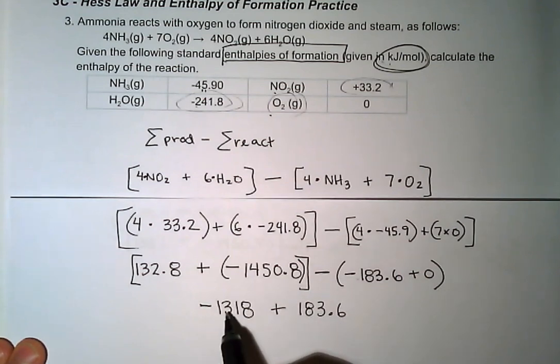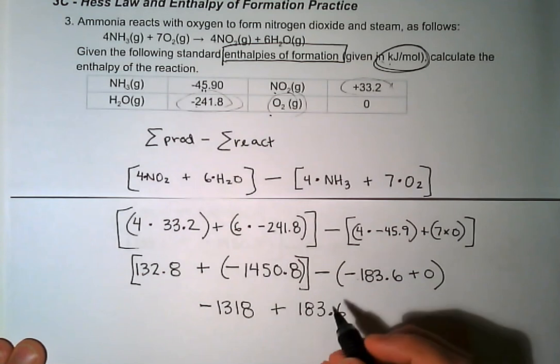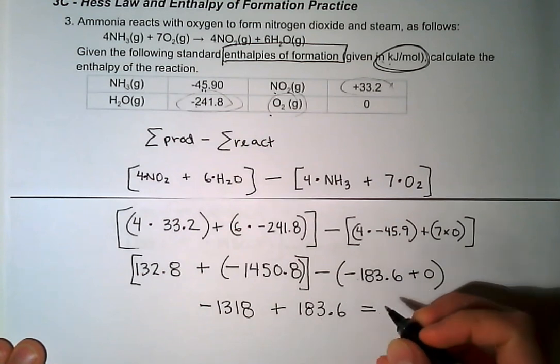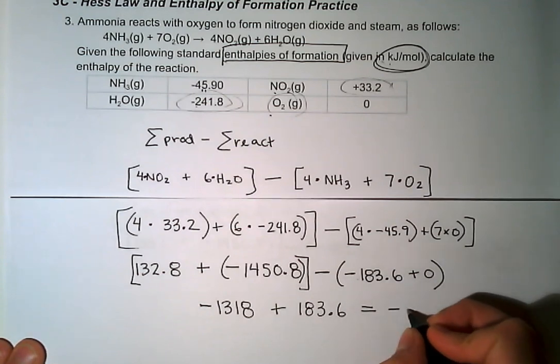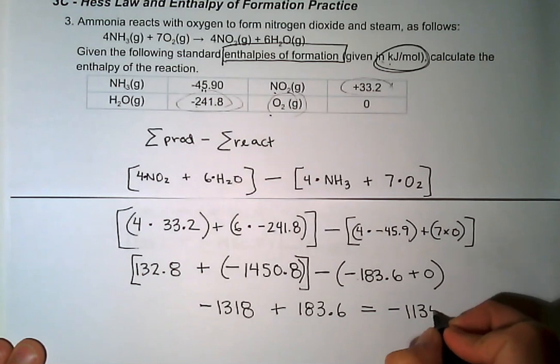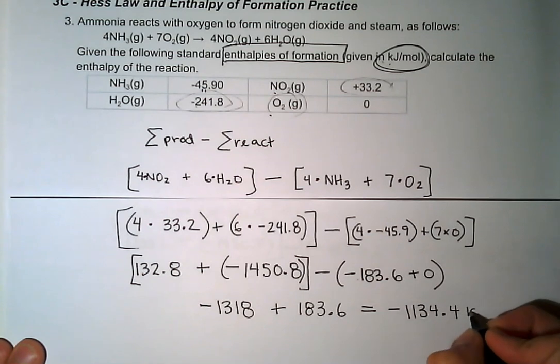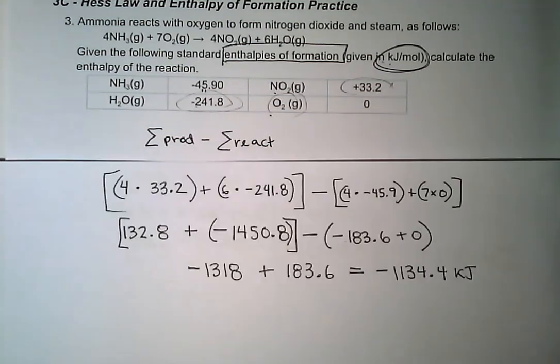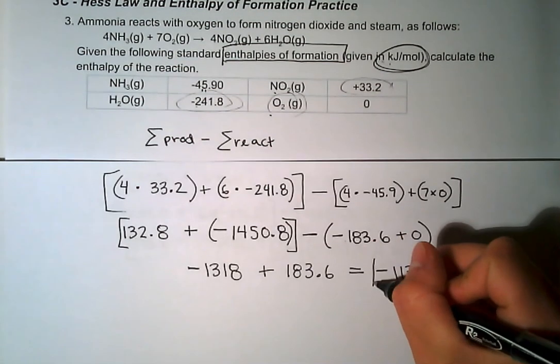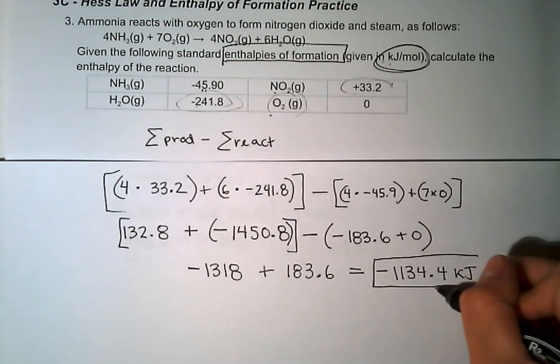So if we do negative 1318 plus 183.6, that gives us a final answer of negative 1134.4 kilojoules. So now we can box that final answer in.